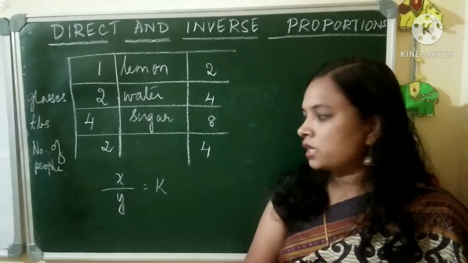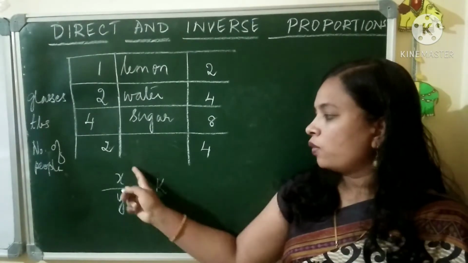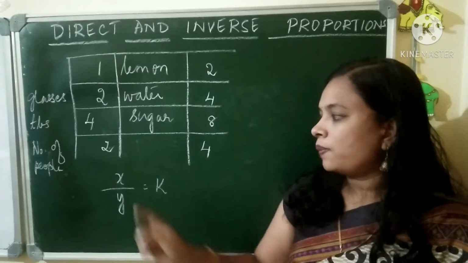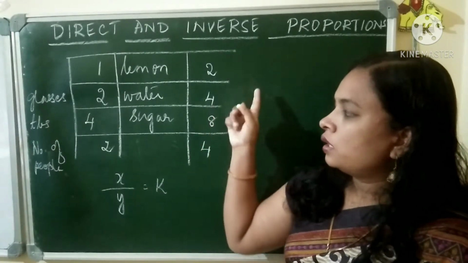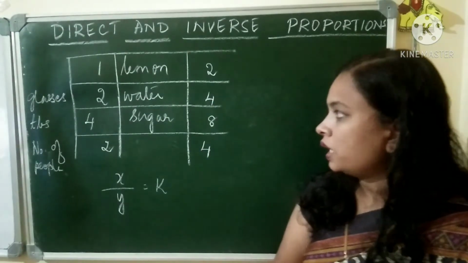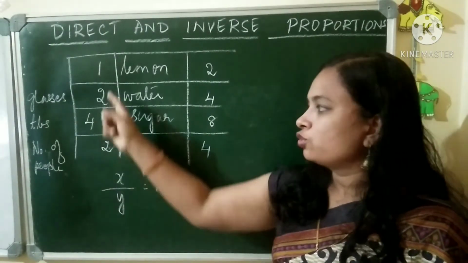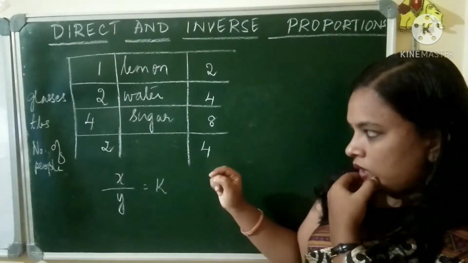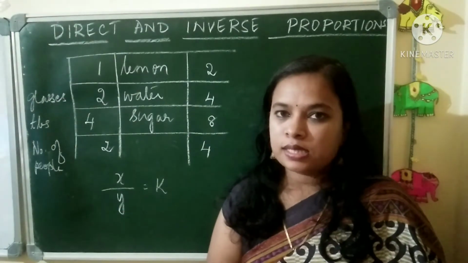You have to consider the ratio of x and y, and it should be constant. Suppose you are taking the number of persons to the number of glasses of lemon juice, you have to take its ratio. It is 4 by 4 or 2 by 2. If we consider the tablespoons, it will be 4 by 8 or 2 by 4. Like this it is.